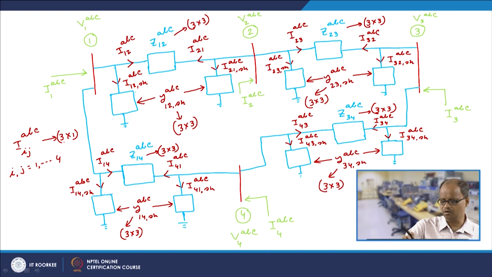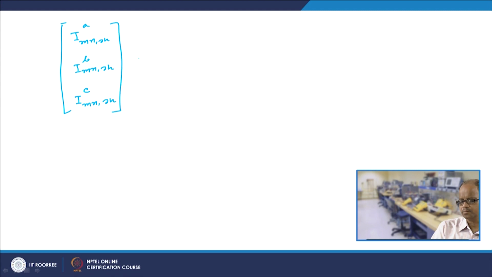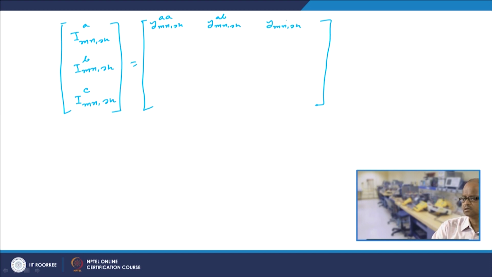So, we can simply write the equation: I Mn SH A, I Mn SH B and I Mn SH C. So, this is a 3 cross 1 matrix and this would be Y Mn SH A A, Y Mn SH A B, Y Mn SH A C, Y Mn SH B A.